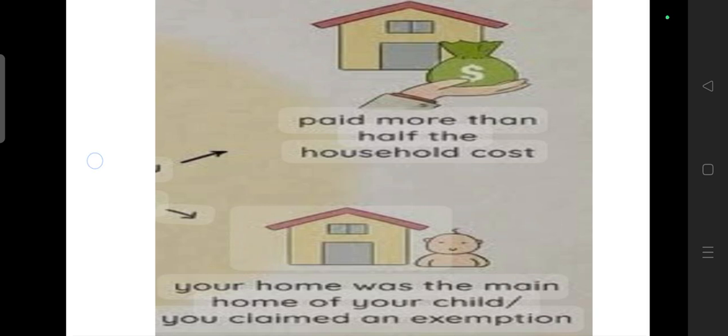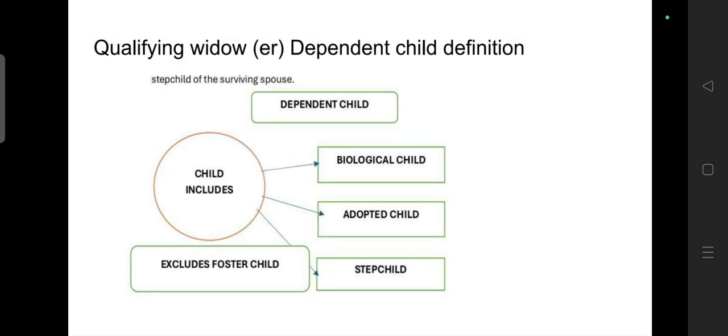It's a very important concept, and now we will see the diagrammatic depiction of dependent child examples. Who is a dependent child? It may be my own biological child. Sometimes there may be adopted children, where the couple does not have a child in the marriage. A stepchild also falls under the dependent child category, and so does the foster child.